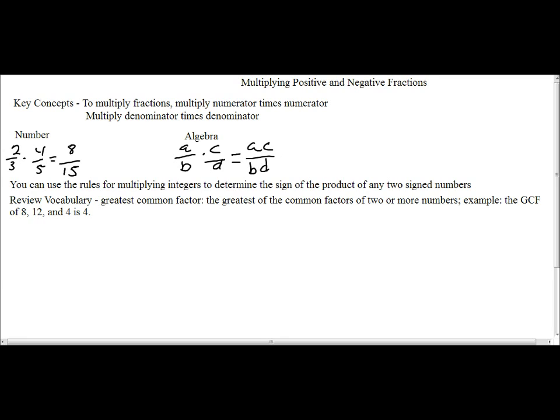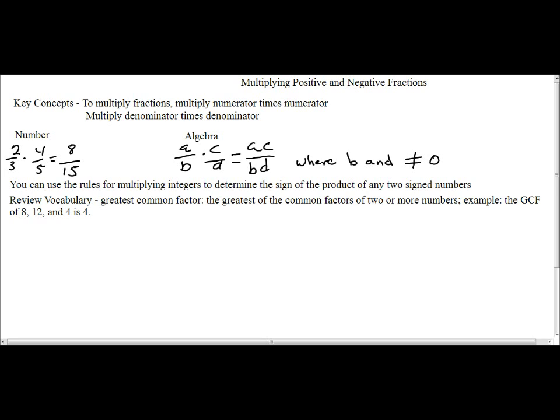If they do, 0 times any number is 0, and 0 in the denominator, if you can remember, means that our answer will be undefined. So we have to understand here that b and d do not equal 0. All right.